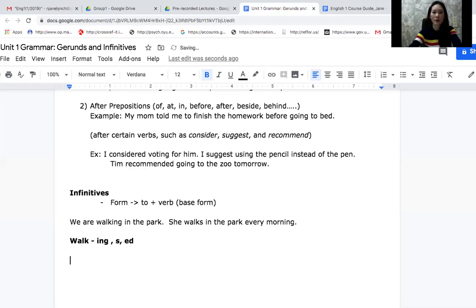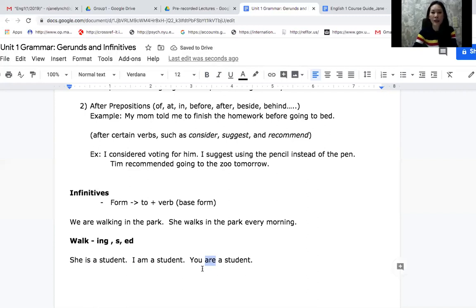More example. If I say, she is a student, what is the main verb of this sentence? The main verb is is. If you say, I am a student, what is the main verb? Am. If you say, you are a student, what is the verb? The verb is are.